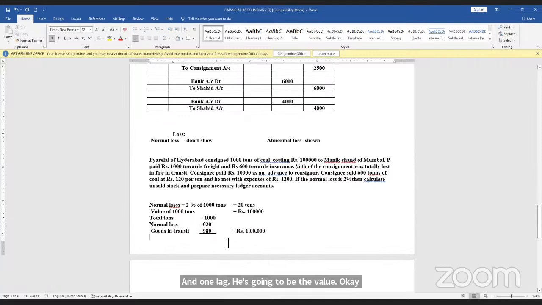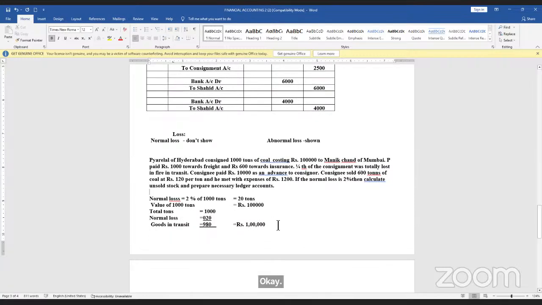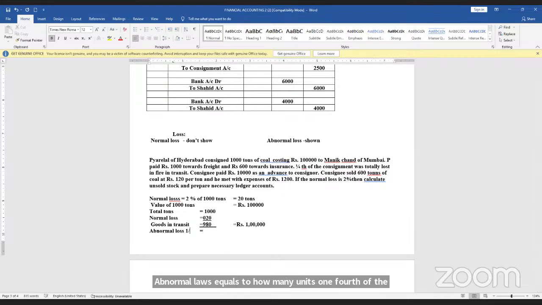Okay. But there's one more point given to us, that is abnormal loss. Abnormal loss equals how many units? One-fourth of the consignment.